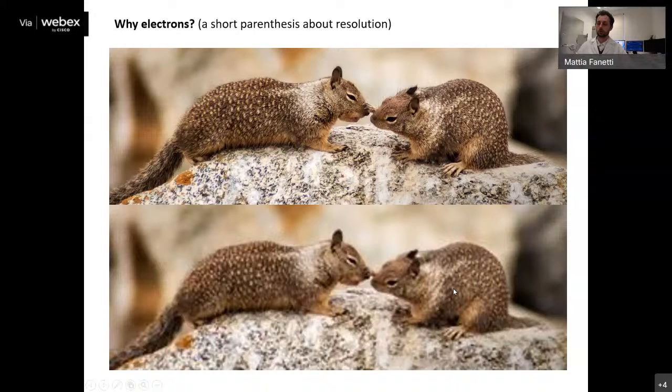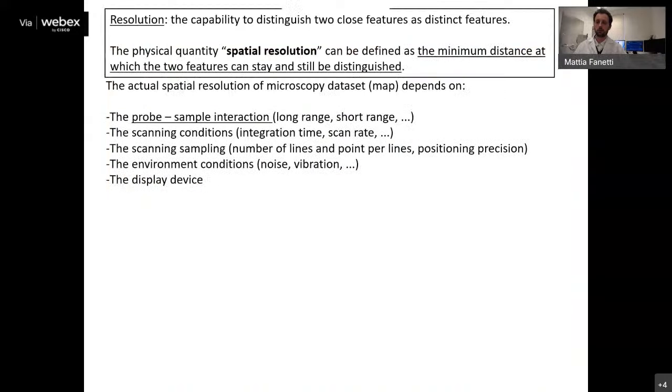So the resolution is lower. How can we define resolution in a physical way? The physical quantity, spatial resolution, can be defined as the minimum distance at which two features can stay and still be distinguished.